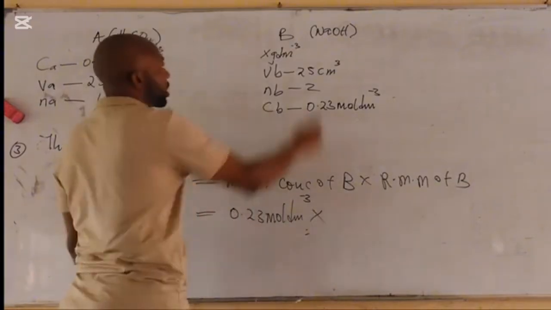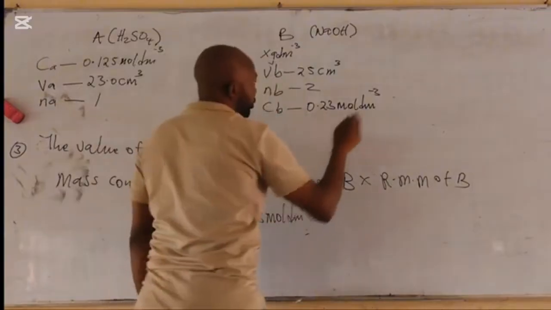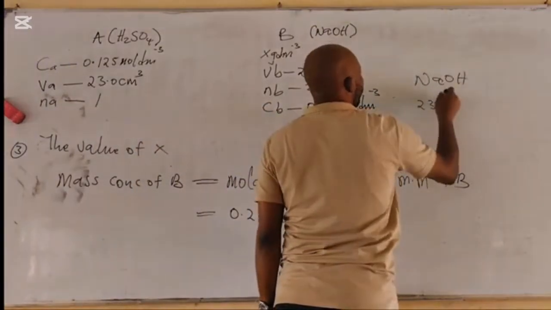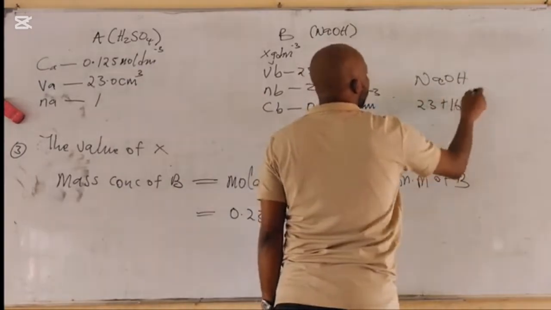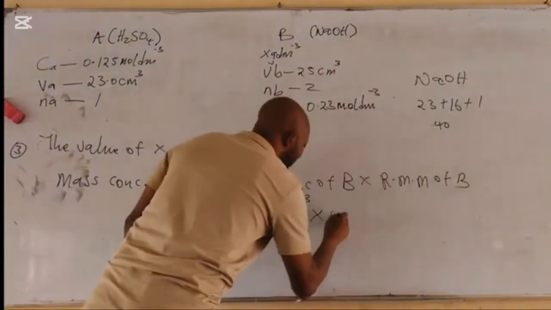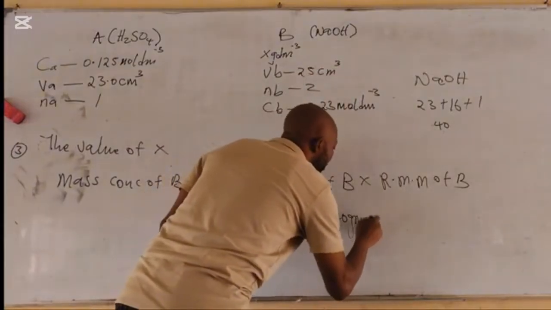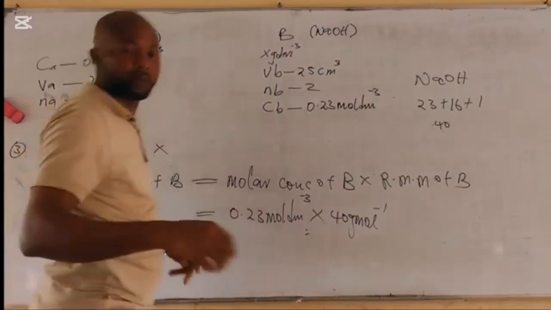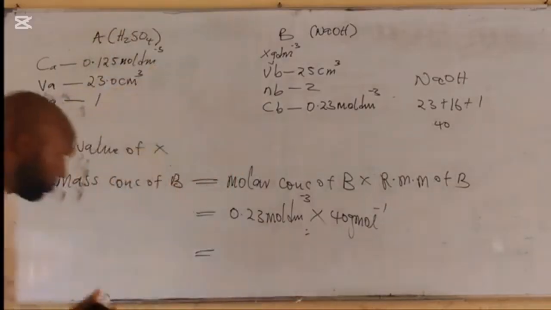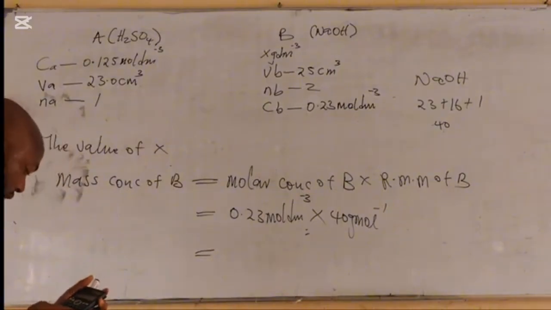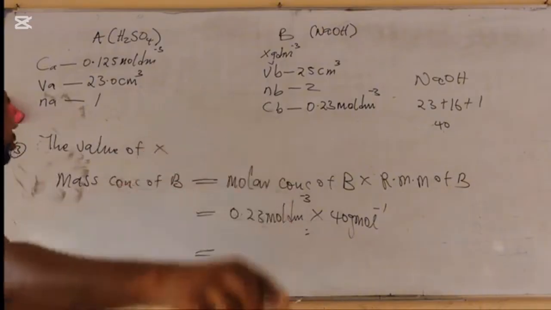times the relative molecular mass of this, sodium hydroxide, which is 23 plus oxygen is 16 plus hydrogen is 1, that is 40. So now I have my 40 g per mole, and this is equal to, when I multiply my 0.23 times 40, it will give me 9.2.